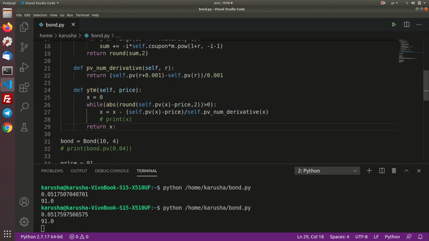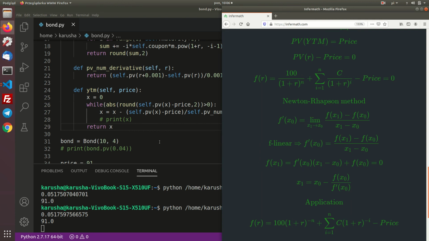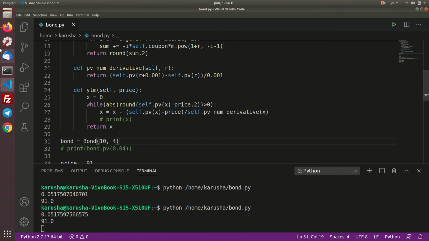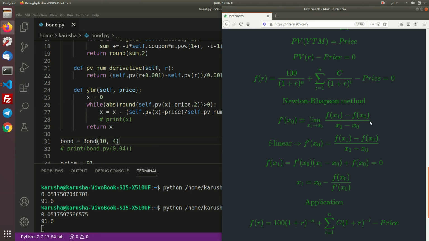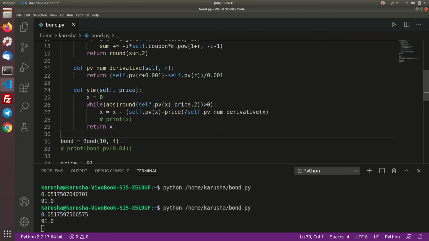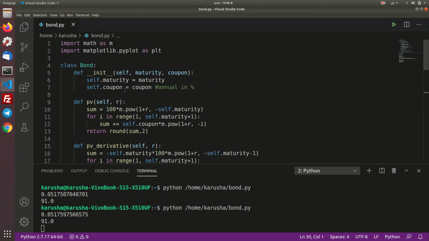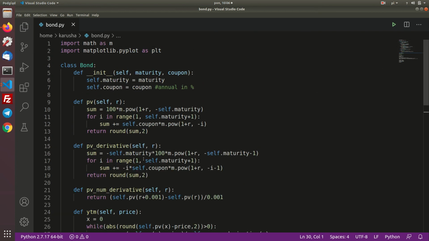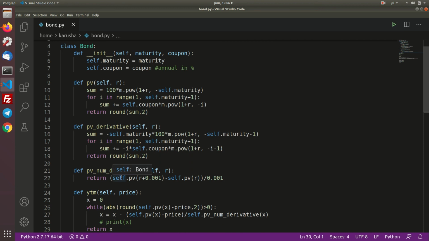So if you are too lazy to calculate the analytical derivative yourself, or you forgot all the high school mathematics, all you need to remember is the definition of a derivative in order to use this method. So I hope you believe now that this is a quite powerful method. I hope you find it useful not just in fixed income but also in other applications.